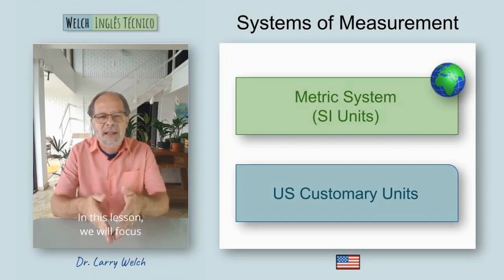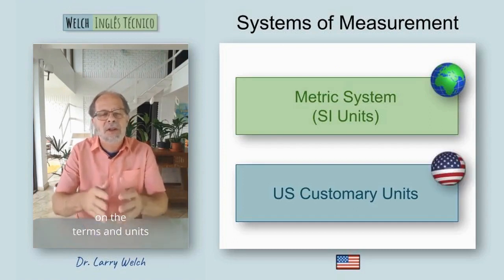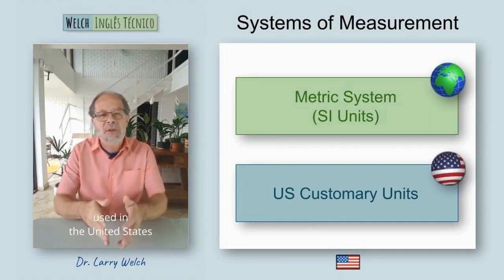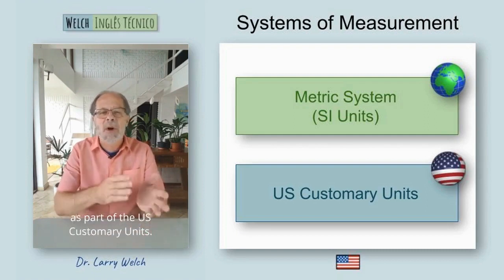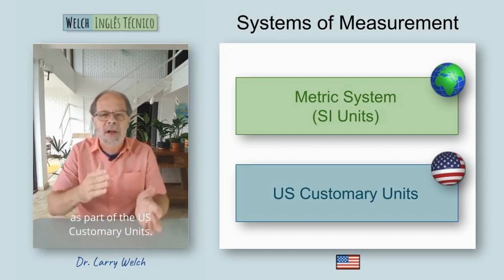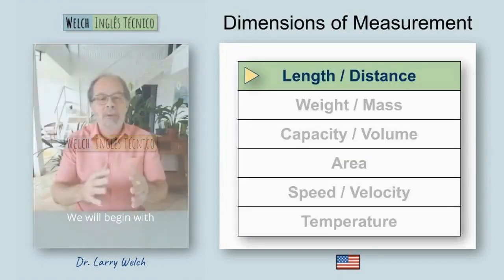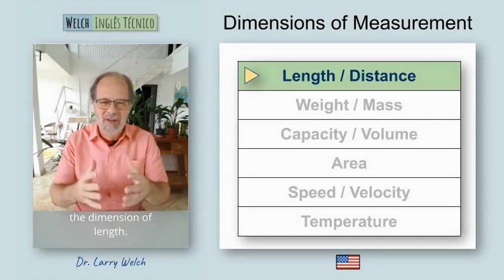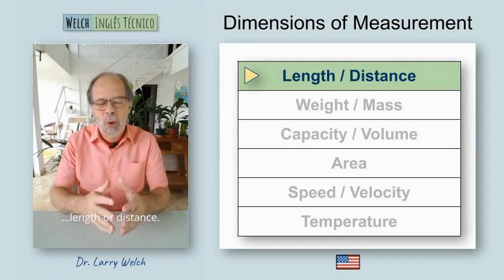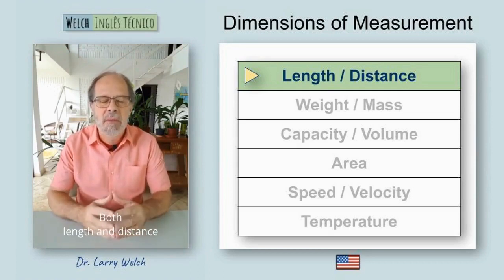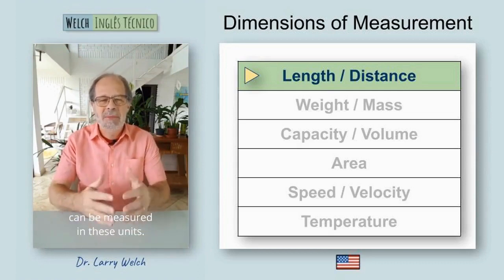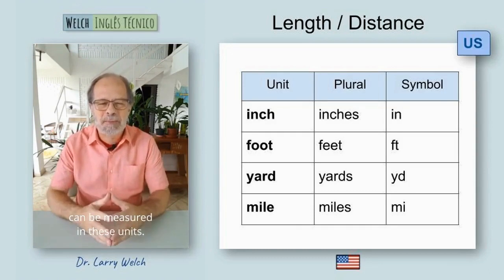In this lesson, we will focus on the terms and units used in the United States as part of the U.S. Customary Units. We will begin with the dimension of length, or distance. Both length and distance can be measured in these units.